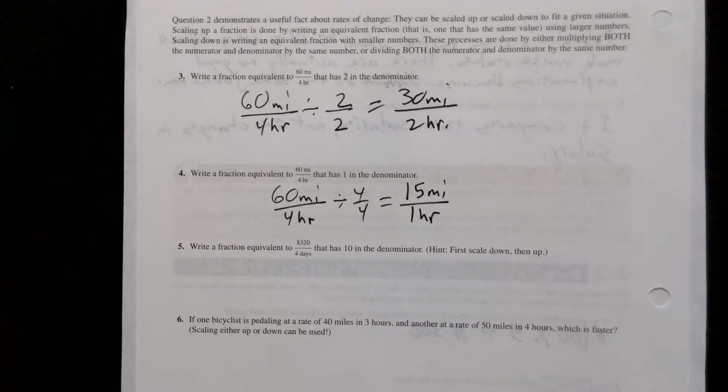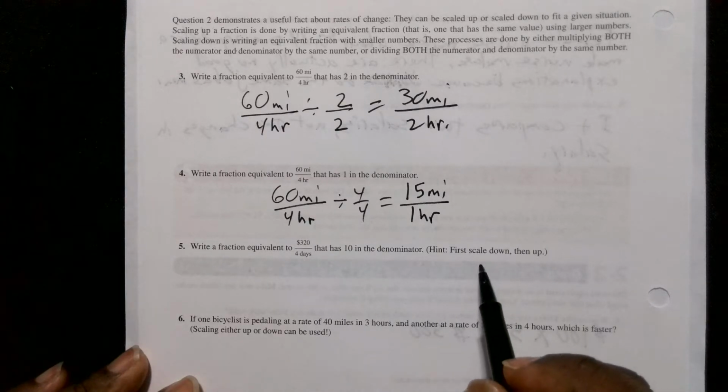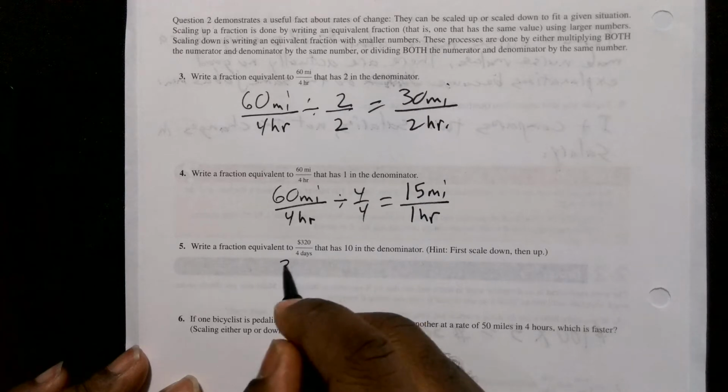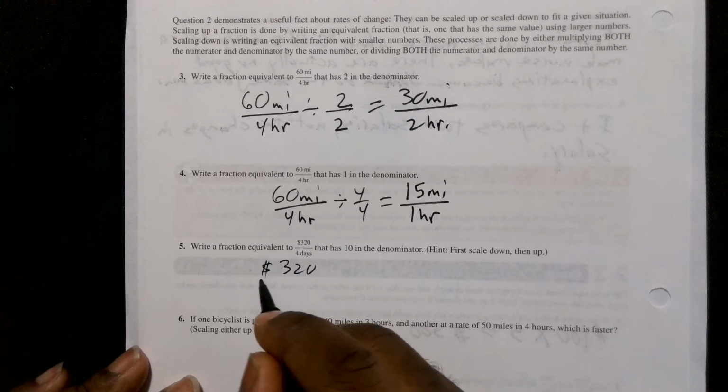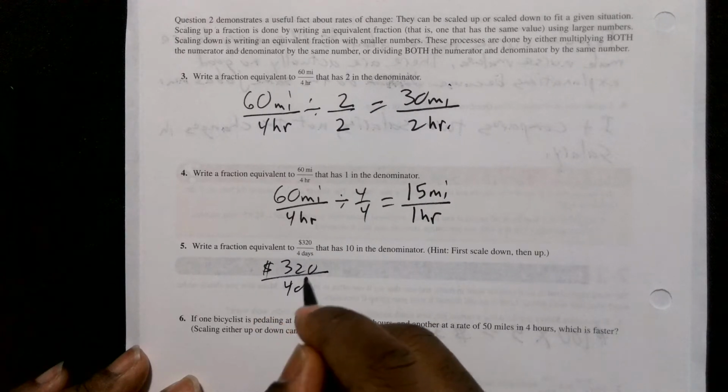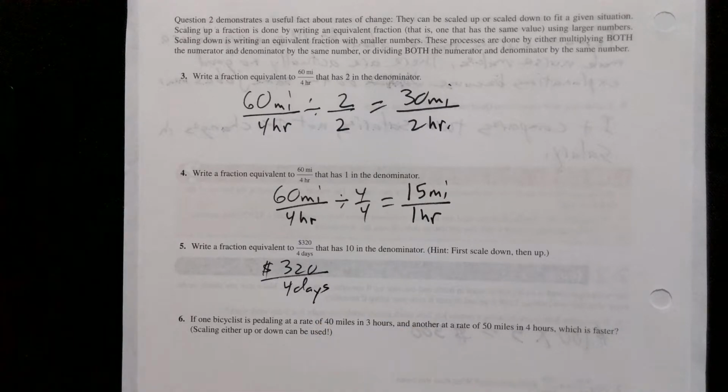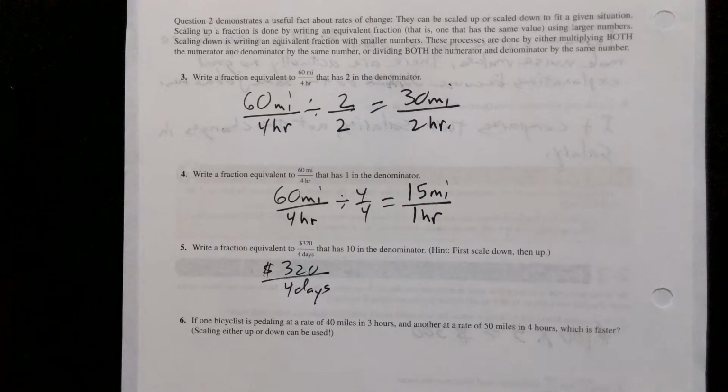Now number 5. Write a fraction equivalent to $320 for 4 days that has a 10 in the denominator. Hint, first scale down, then up. Okay, we have $320 over 4 days. Now a wise thing to do is to take the denominator down to 1 or even down to 2 and then go to 10, because 4 doesn't go evenly into 10.